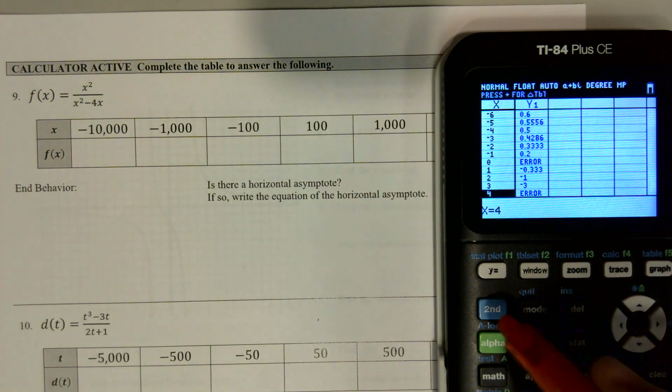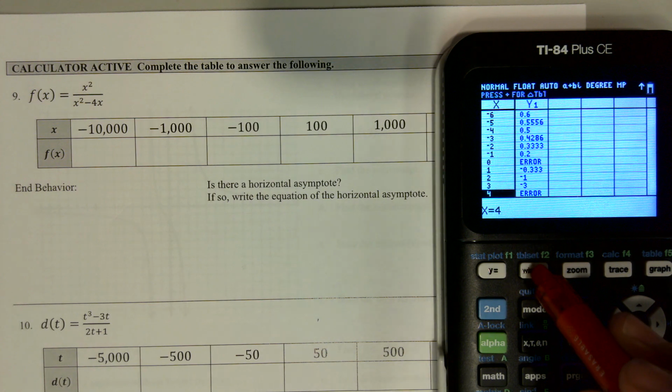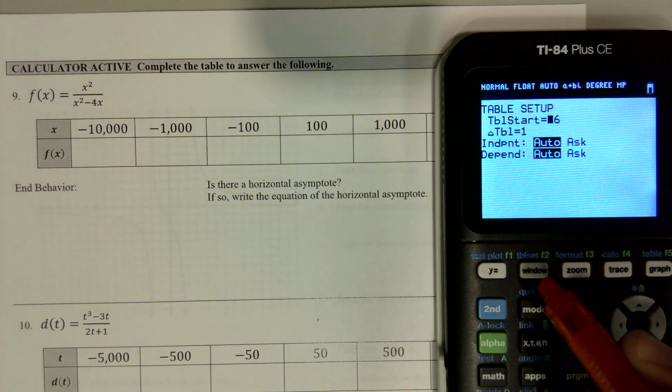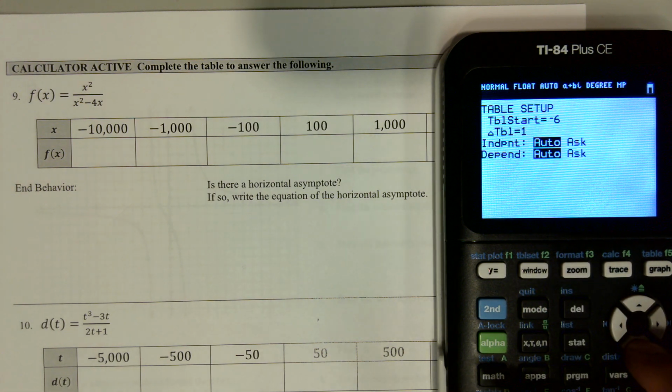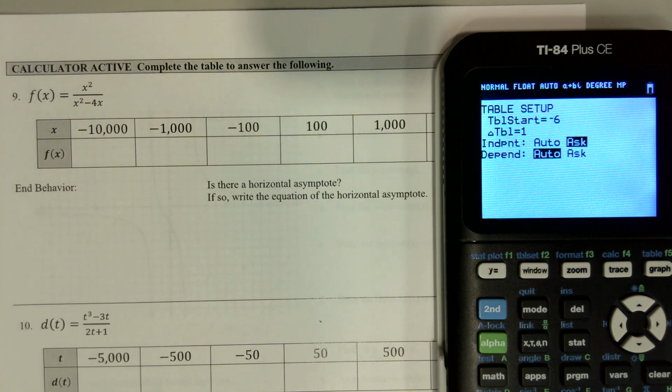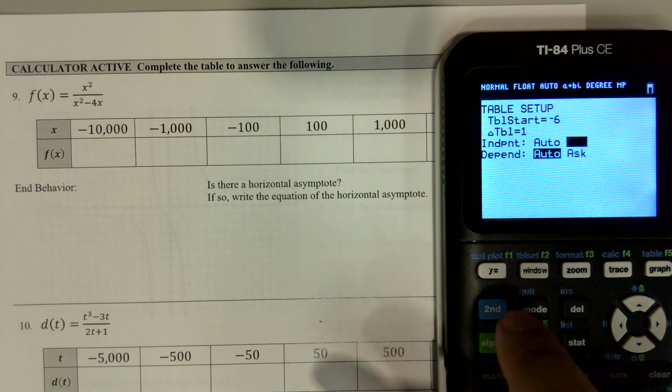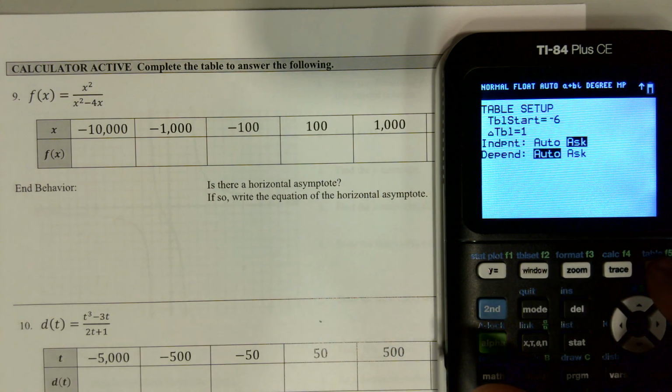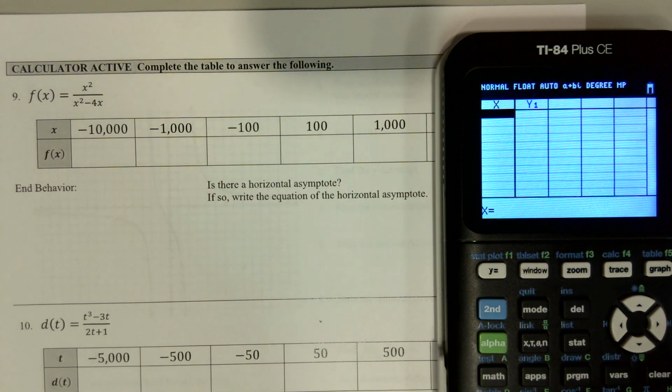So what we can do is hit second and hit window, so it goes to table set. If you scroll down to independent, our x value, and scroll over and hit ask instead, then hit enter, and then go to second graph, so table, now you can type in whatever value you want for x, and it'll give you a value for it.